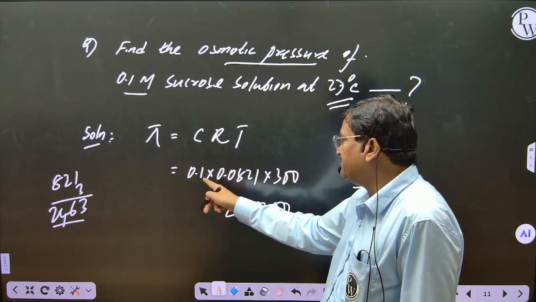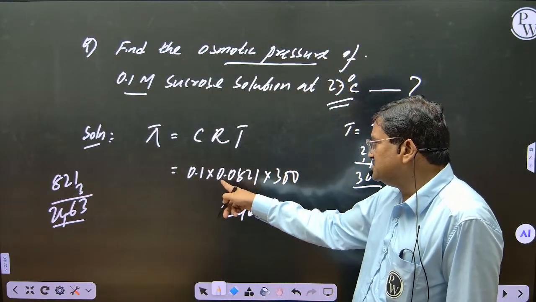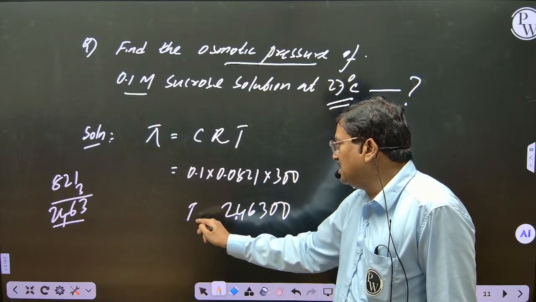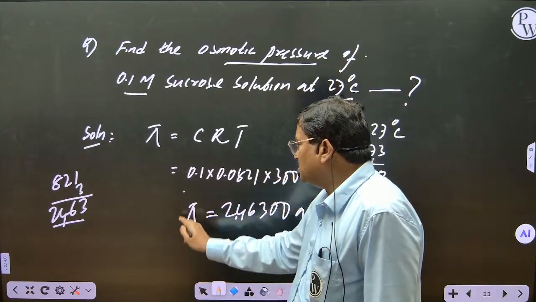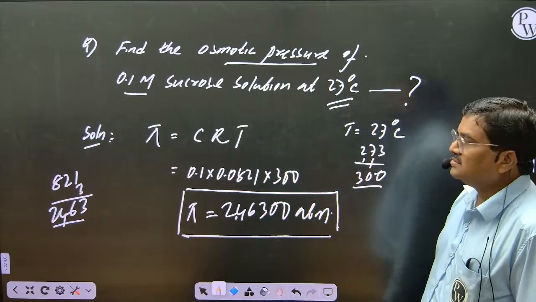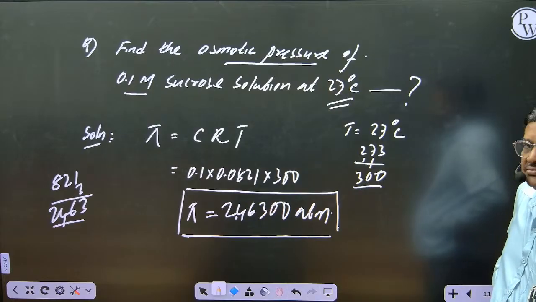Put decimal after 5 digits. So when you place decimal after 5 digits, 3, 4, 5, the answer you have to get is nearly 2.46 atm. What is atm? Atmosphere. This will be the osmotic pressure. Understood?